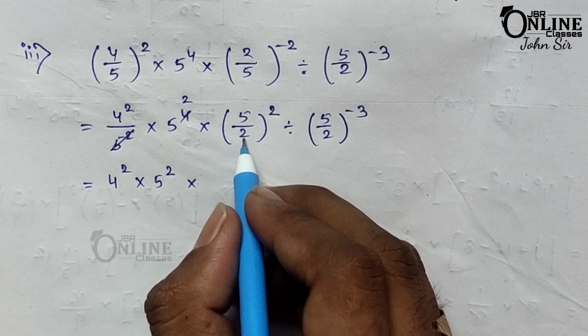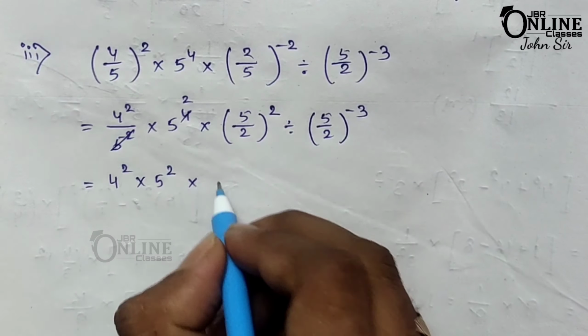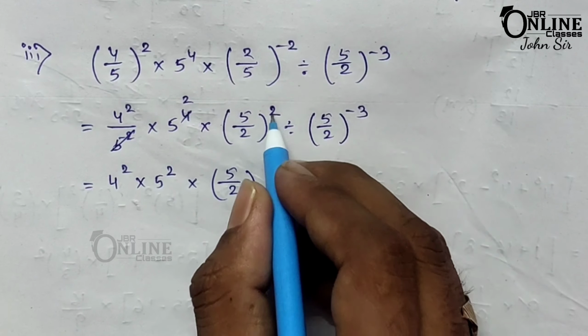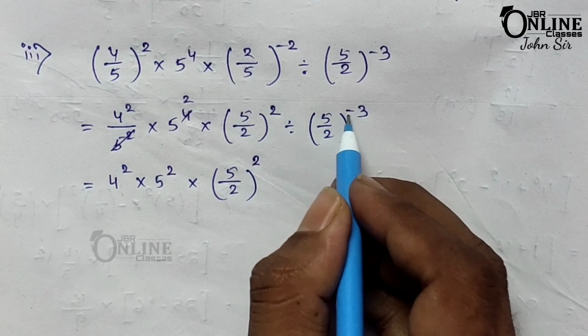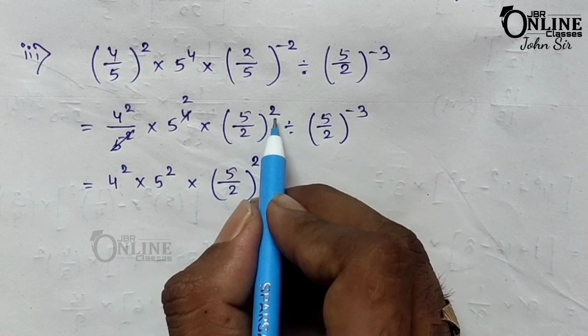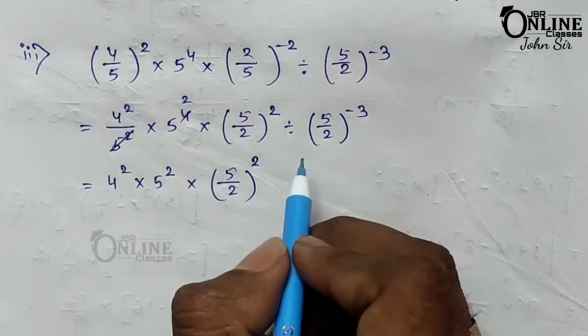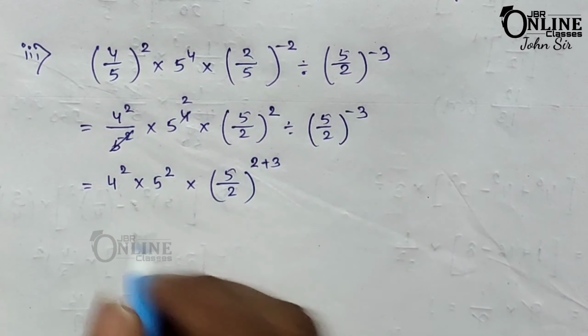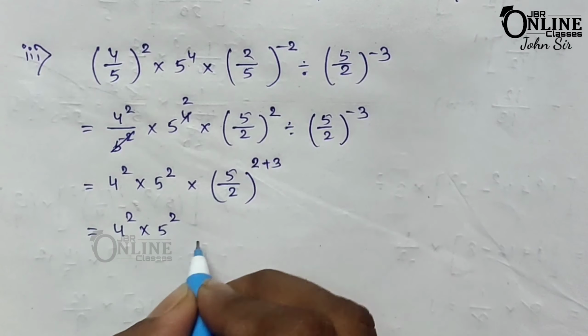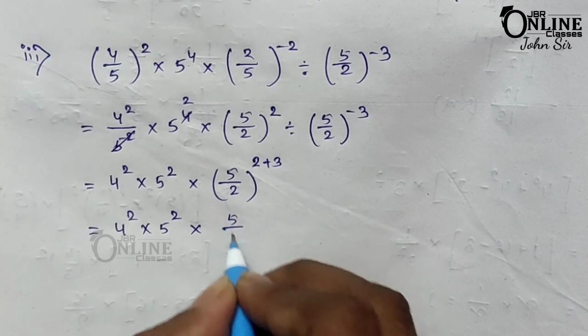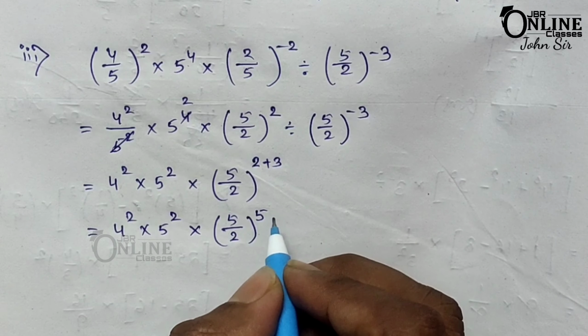Now here 5 by 2 divided by 5 by 2, so base will be same, that means power will be in subtracted form. So here 2 and then minus minus 3, remember that 2 minus minus 3, so it becomes 2 plus 3. So here 4 square into 5 square, and this one 5 by 2 whole to the power 5.